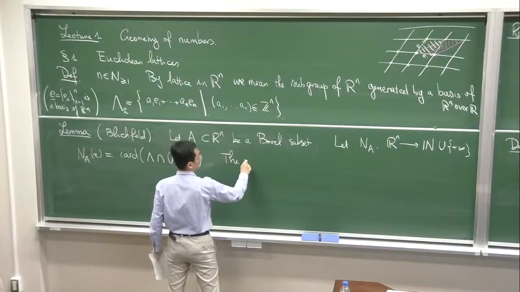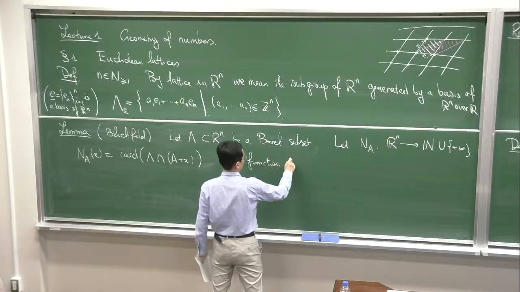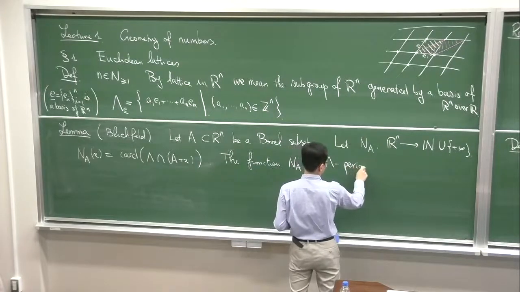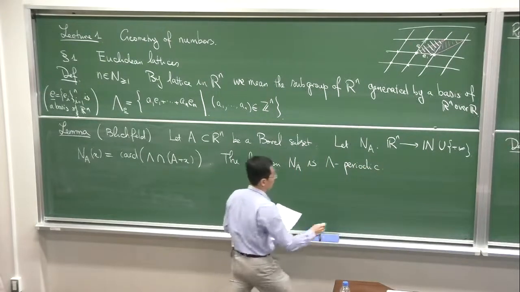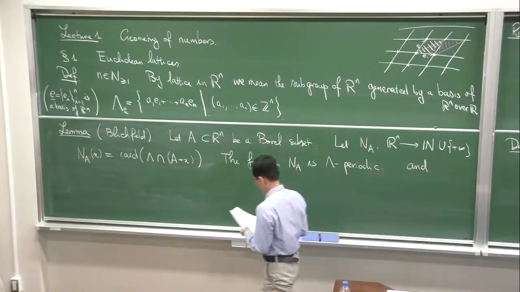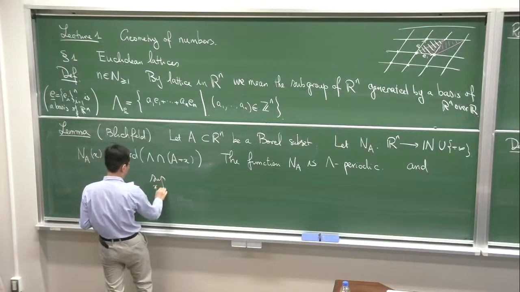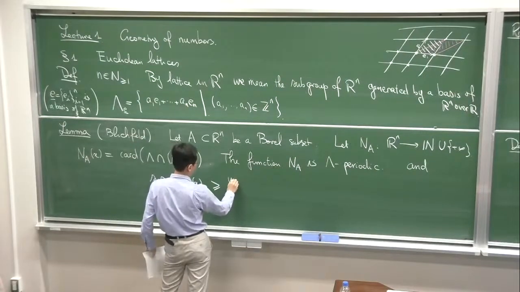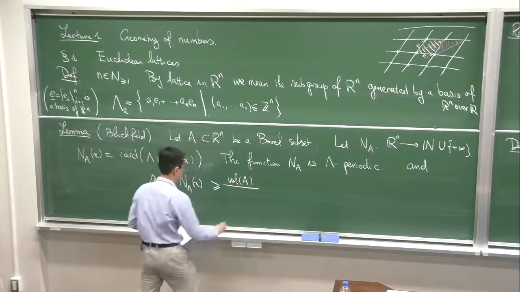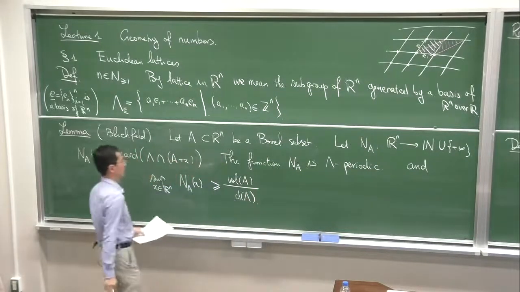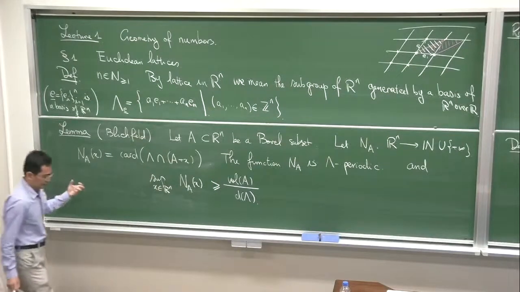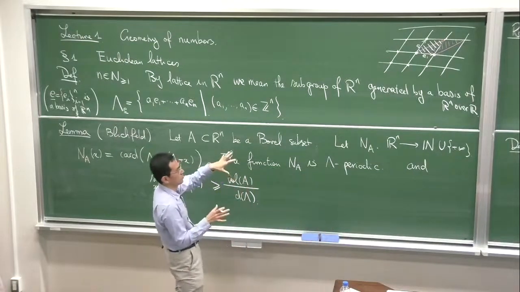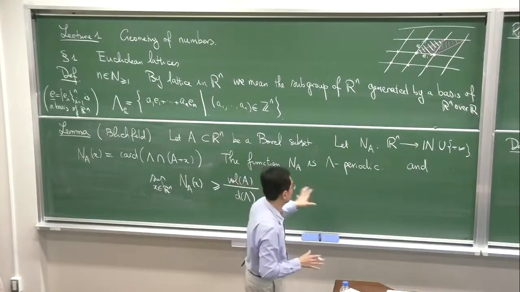And then the conclusion is that the function N_A is Lambda-periodic, and you have a lower bound for the supremum of N_A(x) over x in R^n, by the volume of A divided by d(Lambda). So of course you can try to find some Borel sets which don't touch lattice points.